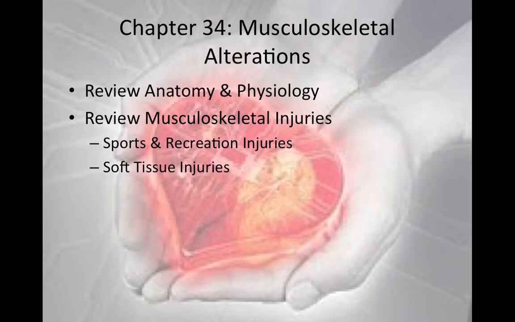I do want you to pay closer attention to prevention of sports injuries found in Table 34-1 in your text on page 1298. You do want to note the differences between a sprain, strain, and a contusion. Please review the treatment, as this may be very familiar to you.